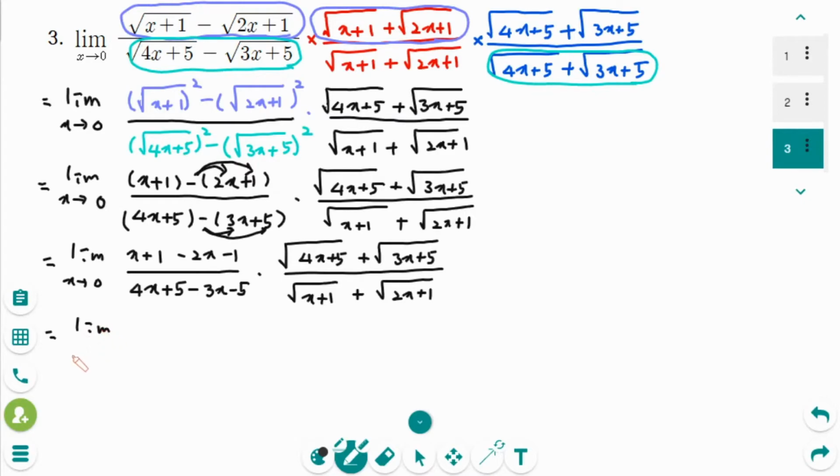Then limit as x approaches 0, and then simplify. Cancel 1 and minus 1, and x minus 2x is minus x over 5 and minus 5 cancelled, 4x minus 3x, which is x, and keep the second fraction.